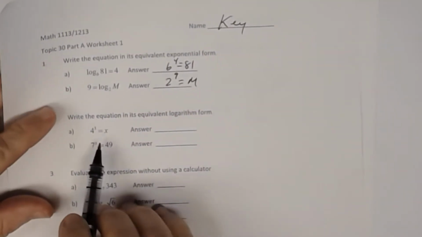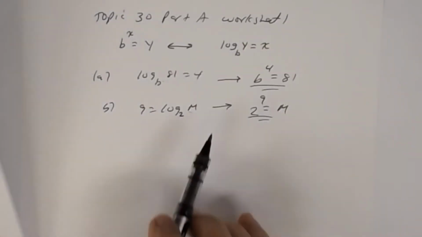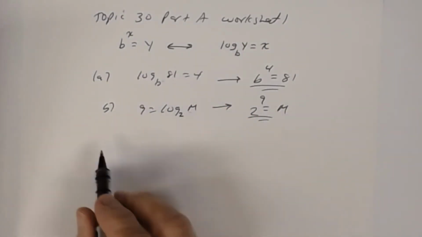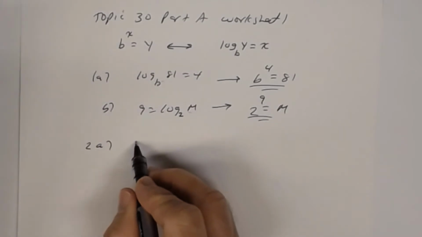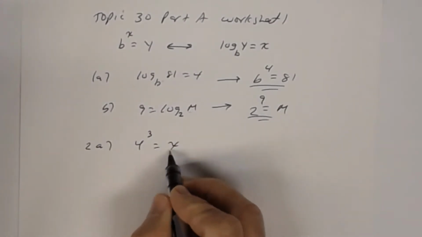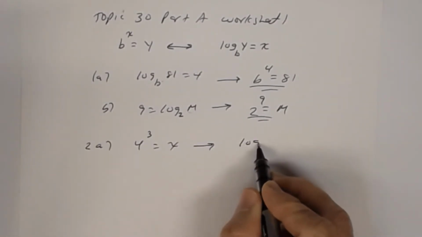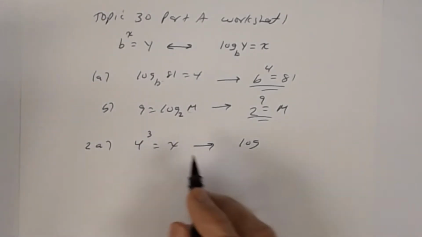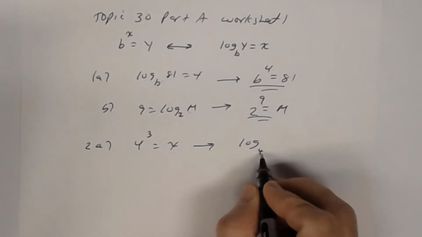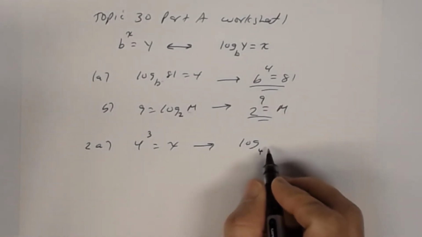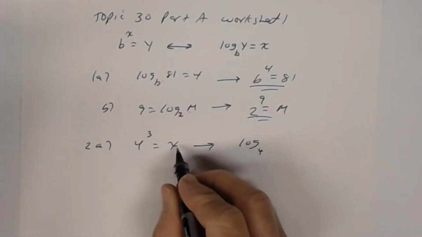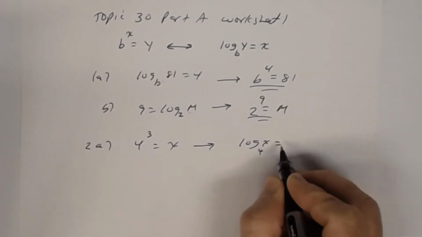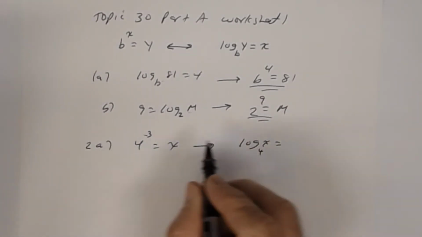Now in this case, you're going from exponential to logarithm. In 2a, you have 4 to the 3rd equals x. You're going to write the log first because you want to change that to a logarithm. The base of the log is this base here, written as a subscript. The argument is x, and on the other side is always your exponent.